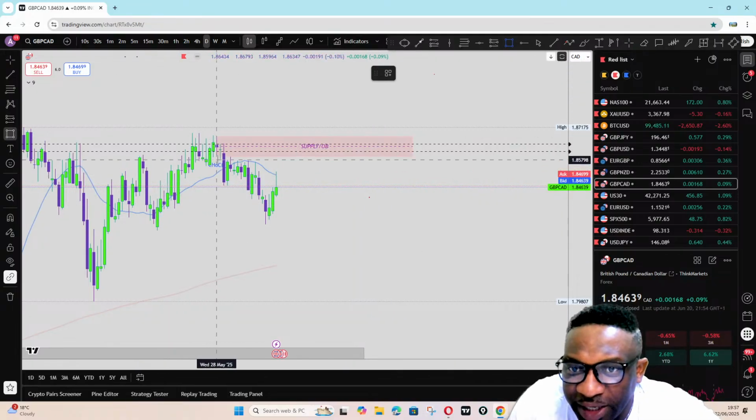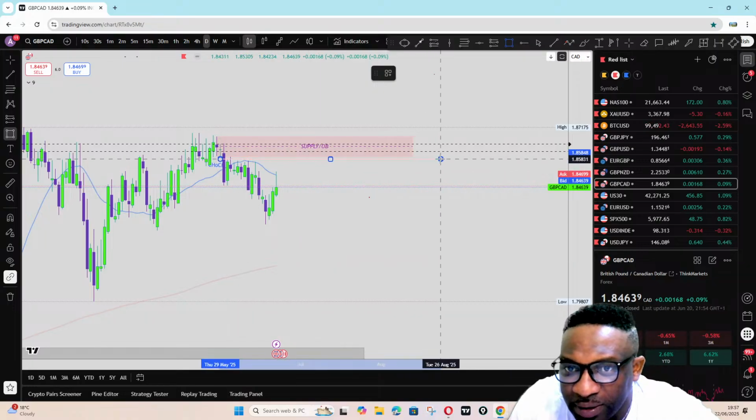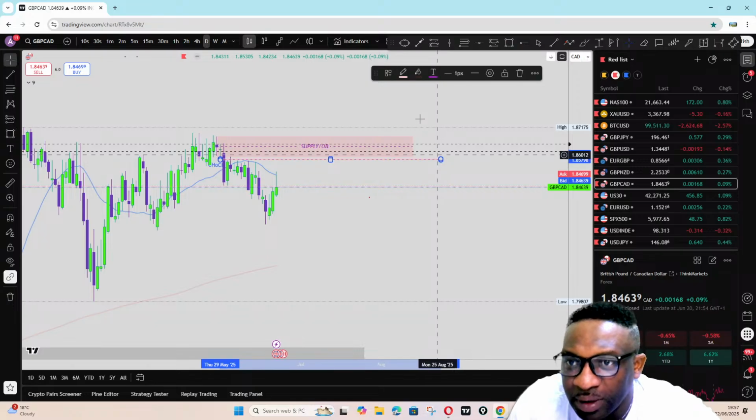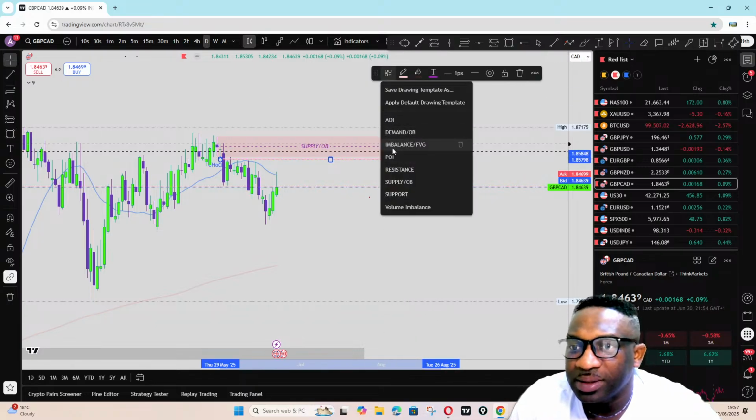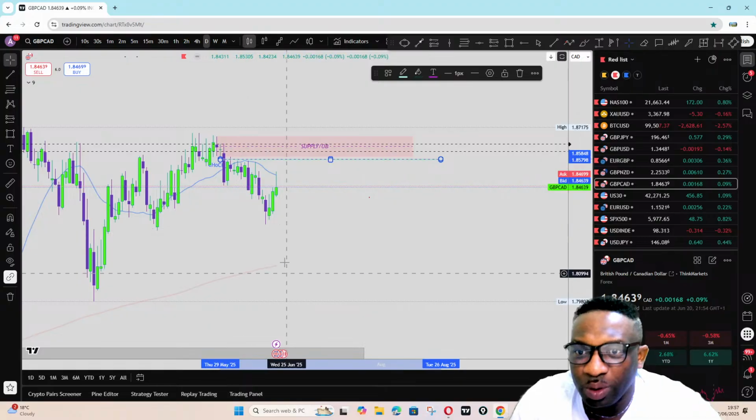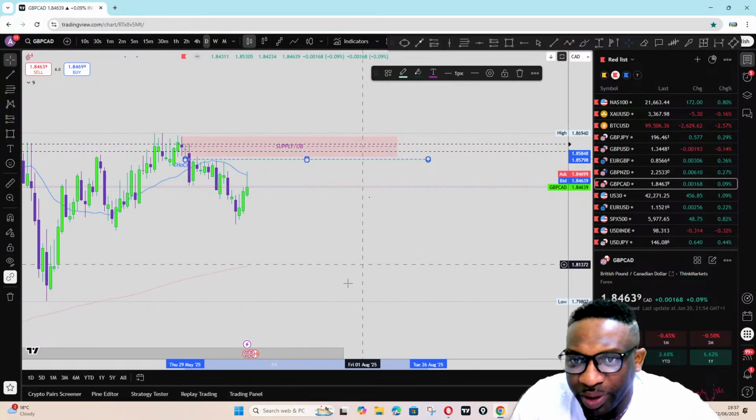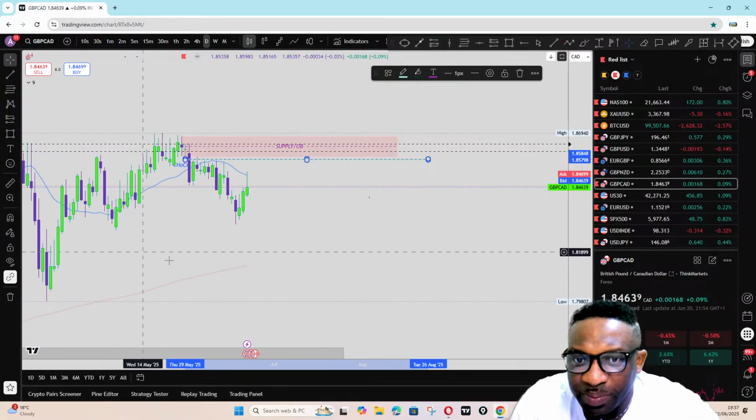Sometimes it's very tiny, but still it's there, so you don't just overlook it. As we go to the smaller time frames, I think we'll be able to spot it.